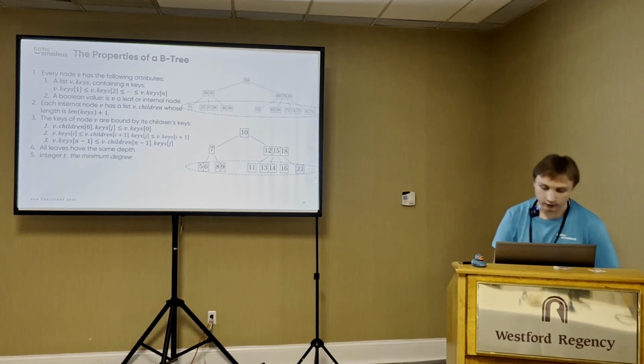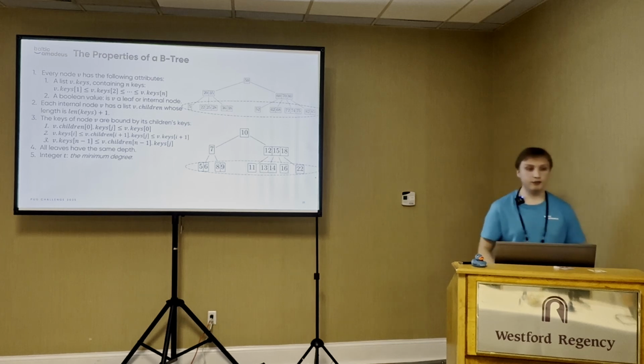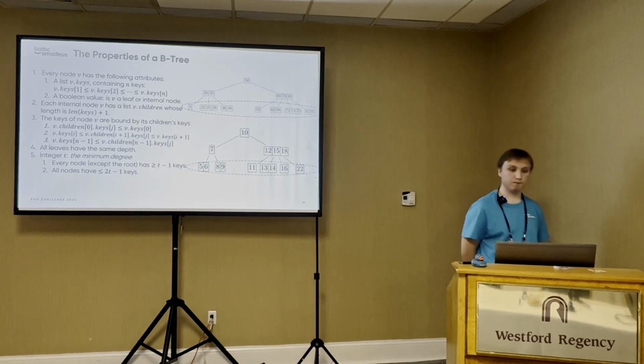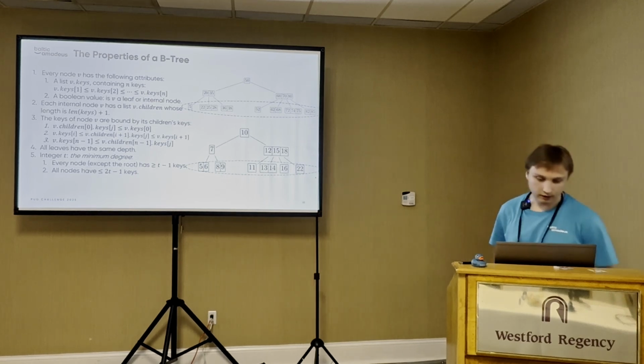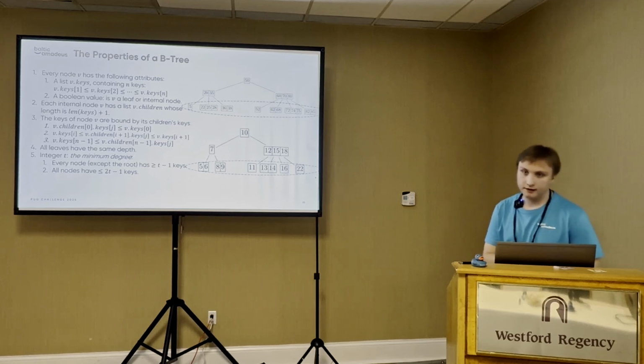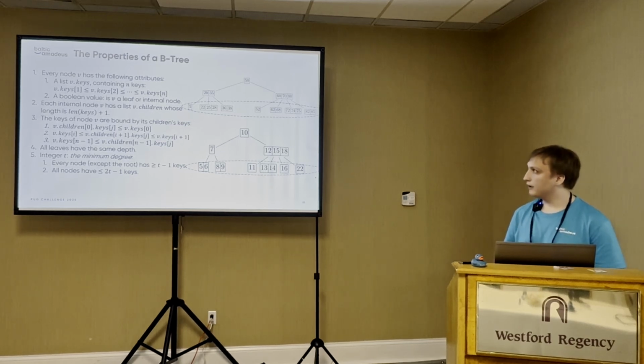Furthermore, we have a specific integer, which is called the minimum degree, which tells us how many keys a specific node has. So it's between t minus 1 and 2t minus 1 keys. So for instance, in these cases, t, the minimum degree, is equal to 2.